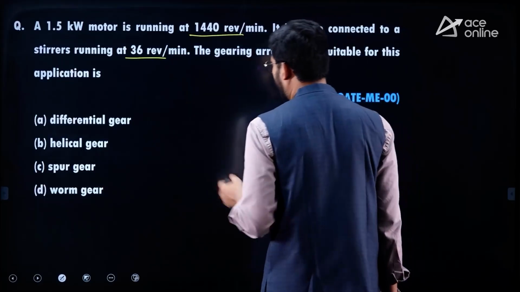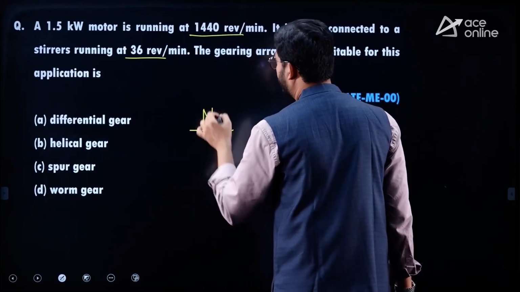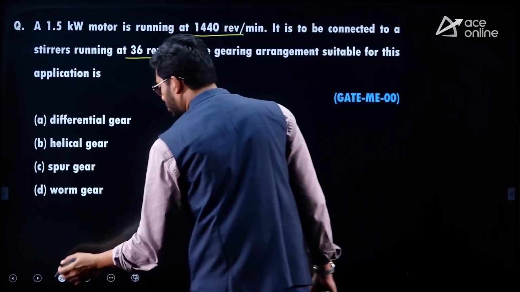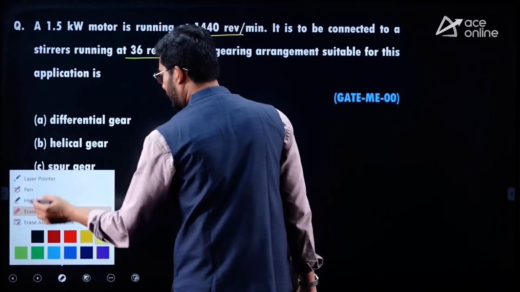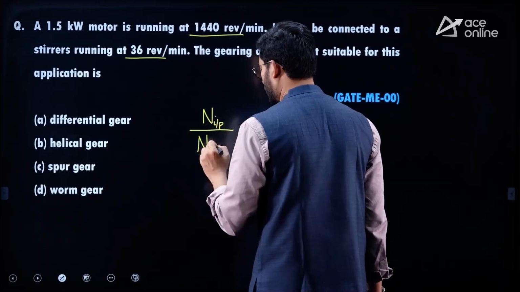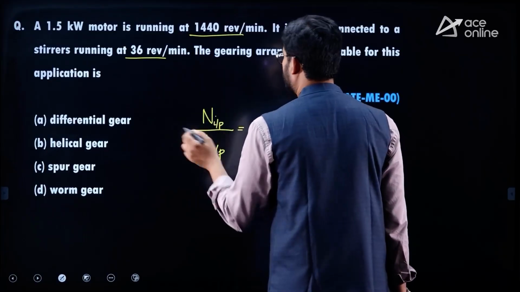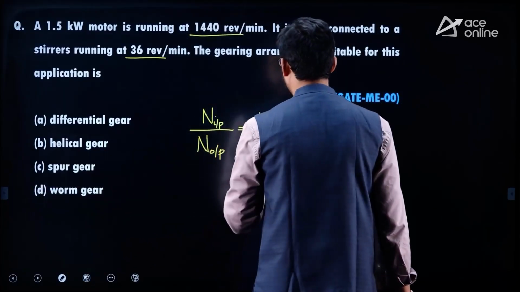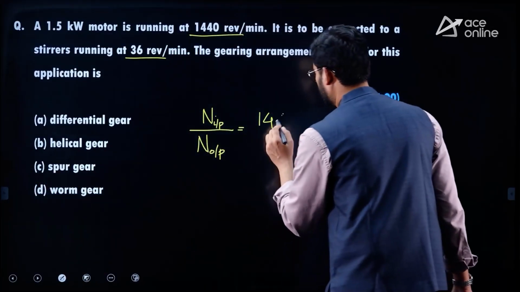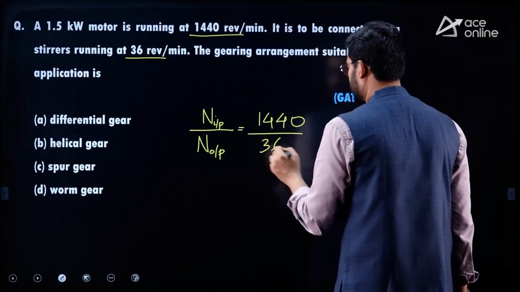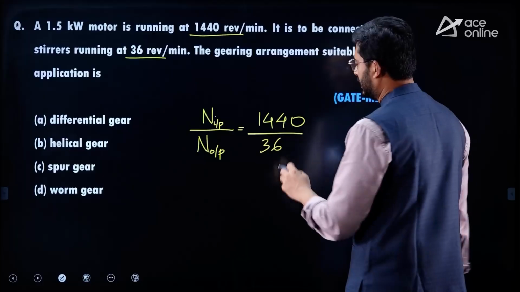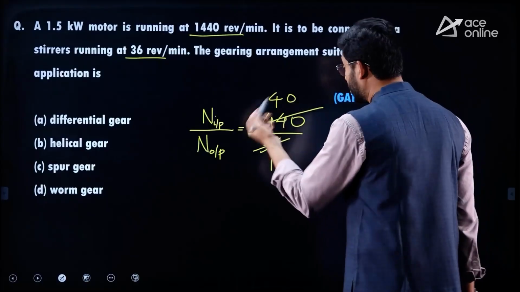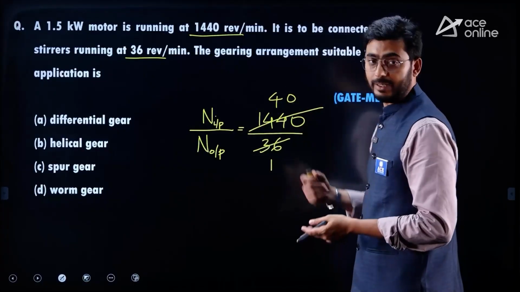So here if we compare the ratio, that is ratio of the speed of motor or the driving member or input member, that is n input divided by n output, that is equal to 1440 divided by 36. So this is 36 ones and 36 fours, and this 0 will be carried. So reduction ratio is almost 1 by 40 times.